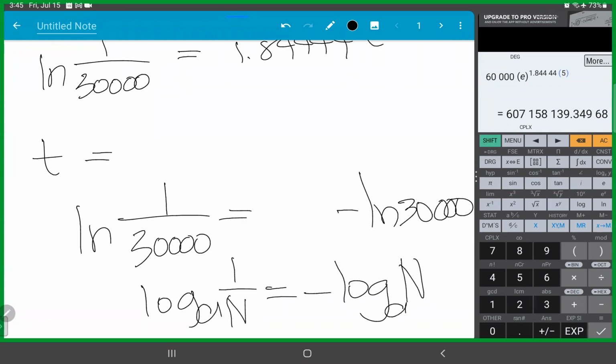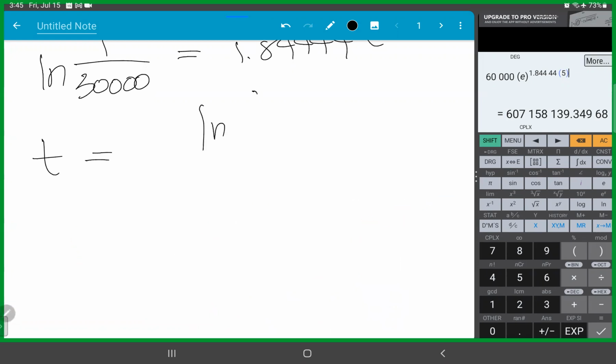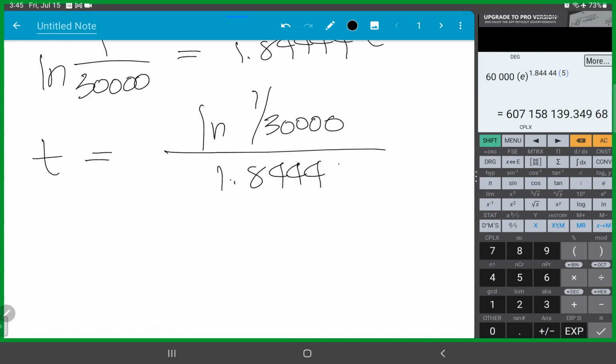But anyway, you just need to give the value. So isulat na lang natin ln 1 over 30,000 over 1.84444. Or minsan kasi maganda tignan lang, wala nang masyadong fraction. Pareho lang yung magiging sagot. Can verify that numerically.